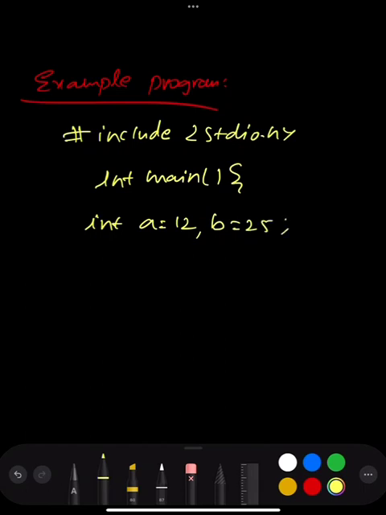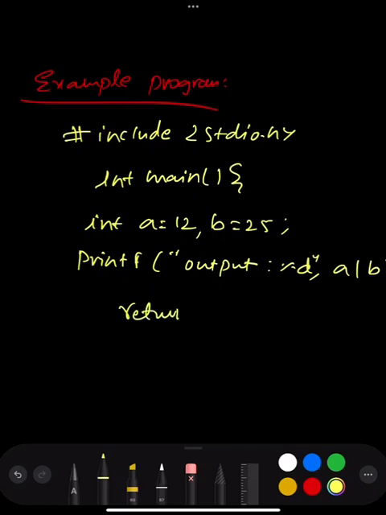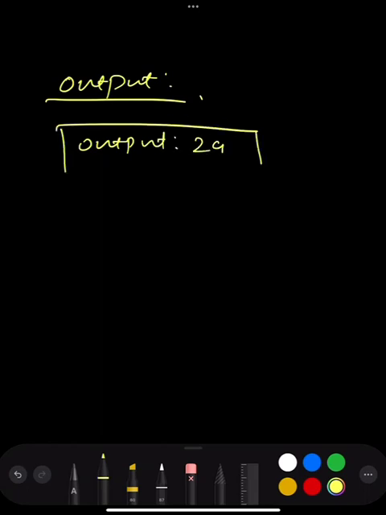By default, we are giving the values. Printf, output is %d, comma a OR b. Return 0. Okay, the output will be like this. Output is 29. So now we have completed the two operators.